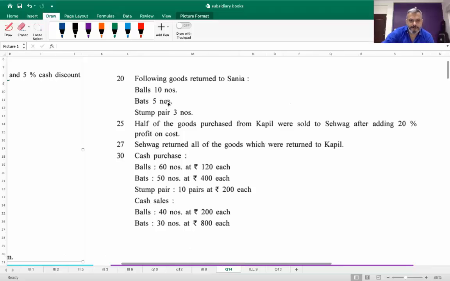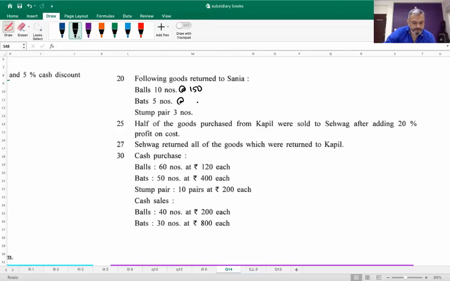You write over here itself. $150, bats at 800, and stump at 300. You can calculate over here itself. 1500, then 4000, and then 900.